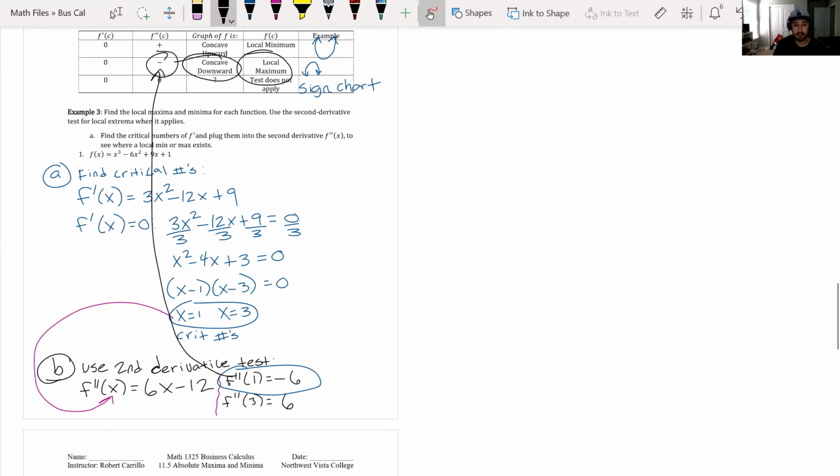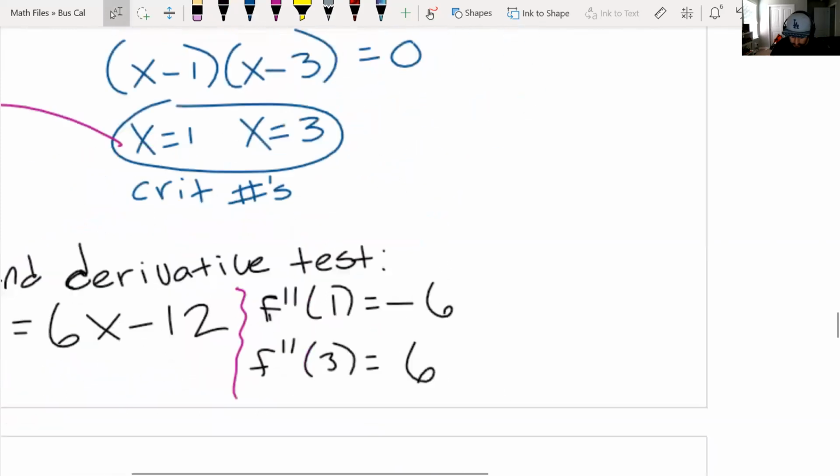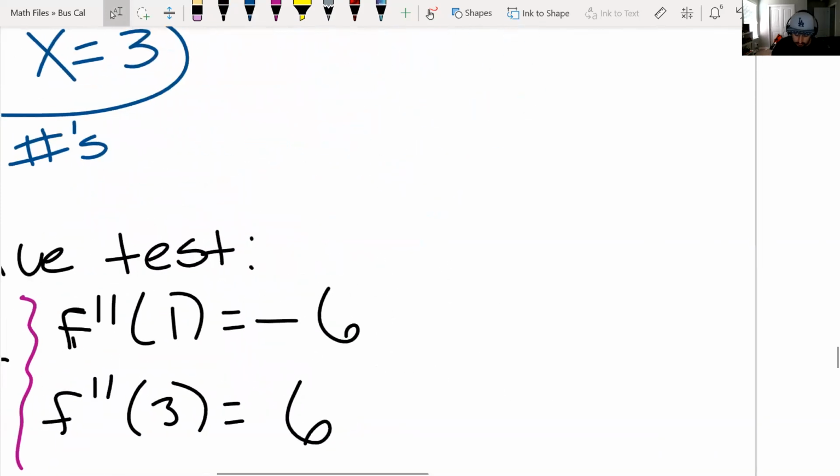That's all that says. So what we can say here is that since the second derivative is negative, this means that x equals 1 is a maximum.